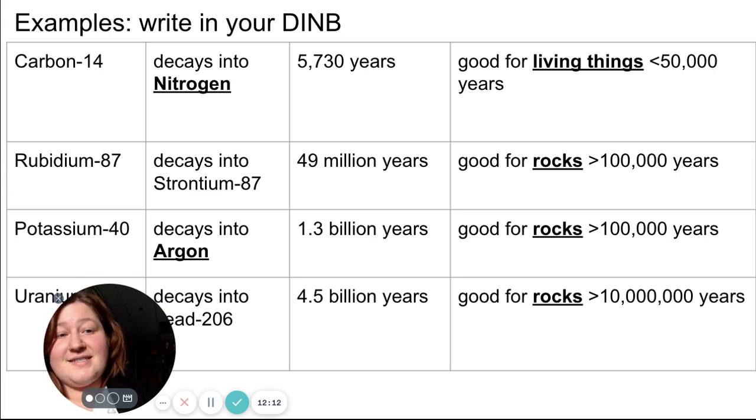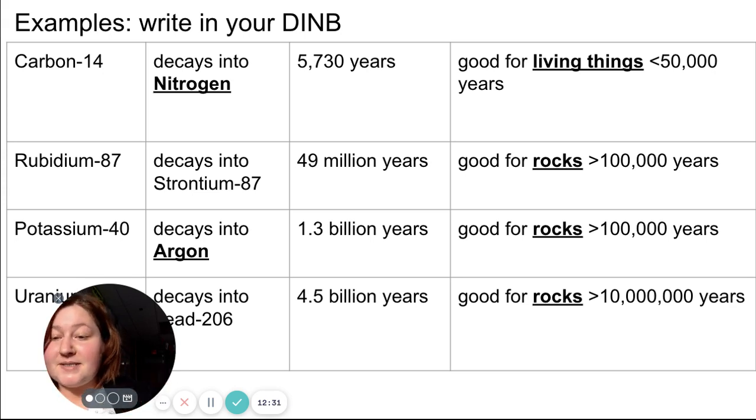Carbon-14 is good for living things that are less than 50,000 years old. After that, it gets pretty difficult to detect that ratio, because that carbon-14 is so small at that point. But this helps us date fossils that are younger than 50,000 years old.